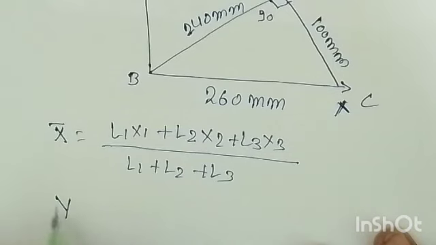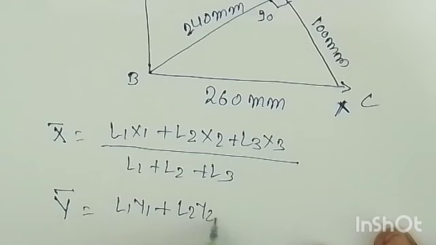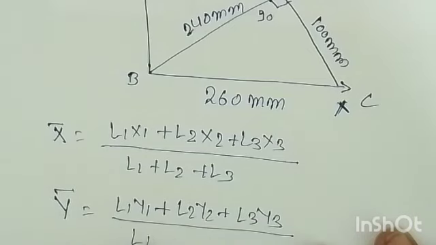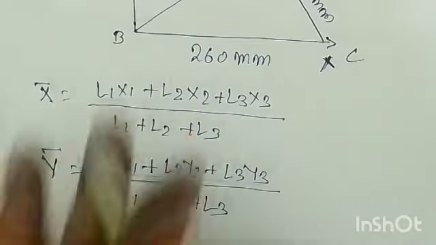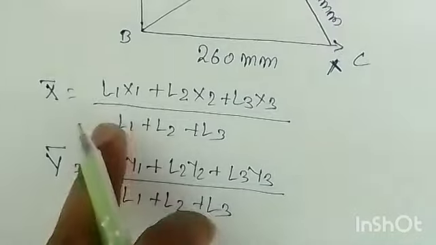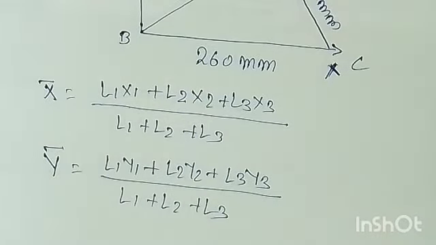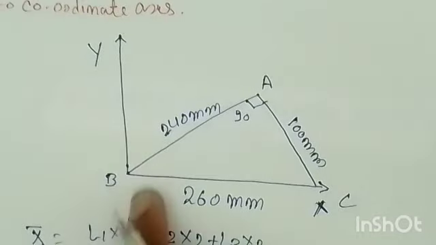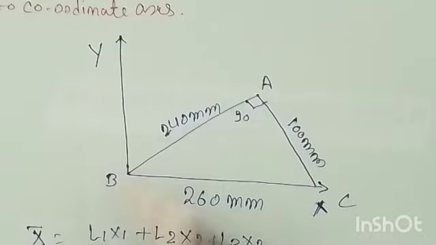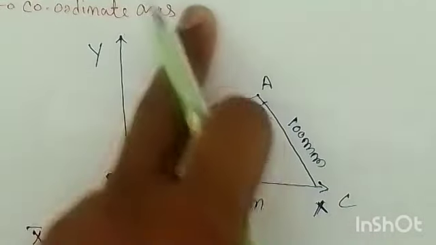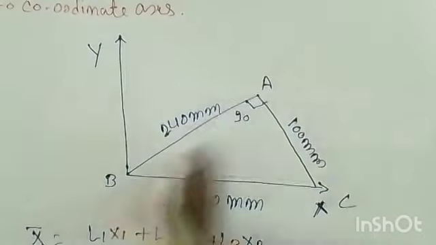And then y bar is equal to L1 y1 plus L2 y2 plus L3 y3 over L1 plus L2 plus L3. This is the formula, you know. Actually we have just replaced the area with the length, and the rest of the things will be the same, right? So if you observe very carefully, the length of AB is L1, BC is L2 and AC is L3, right? Now L1 is what?